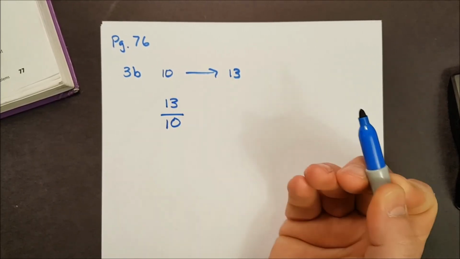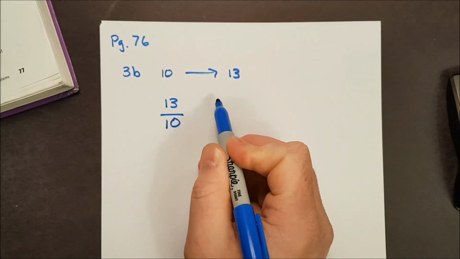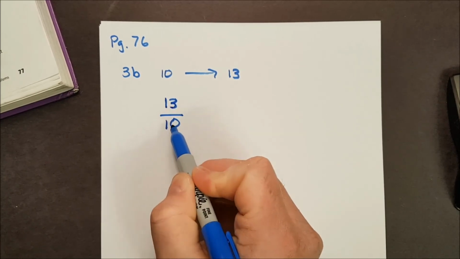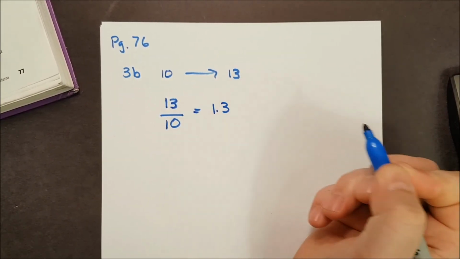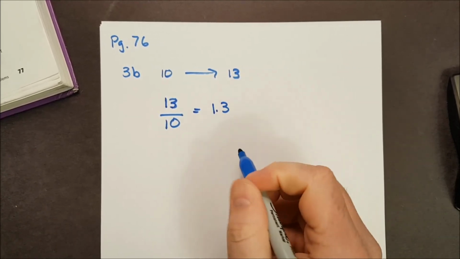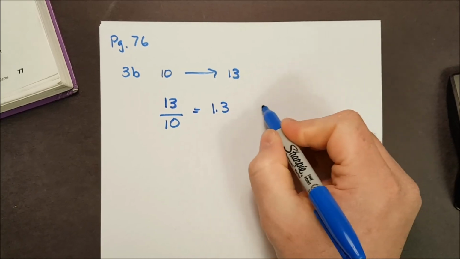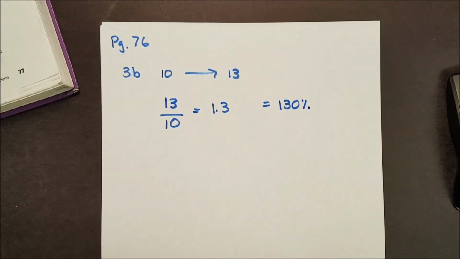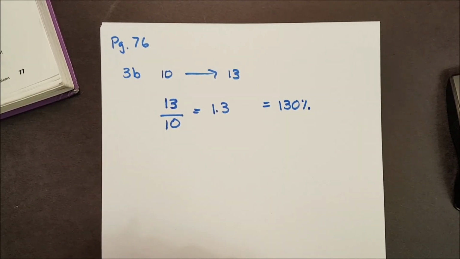You received over 100% on the test. If you received 10 out of 10 on the test, that would be 100. But now you're 13 out of 10, which equals 1.3. And if we want to change that to a percent, we just multiply that by 100, which equals 130%. Okay, that's one way to think about it as well.